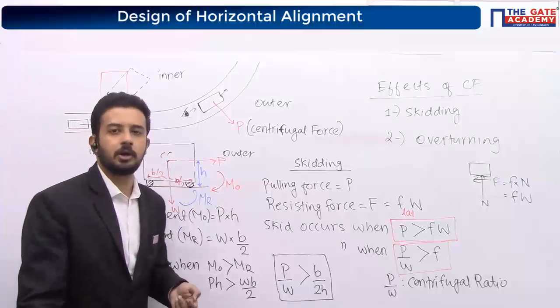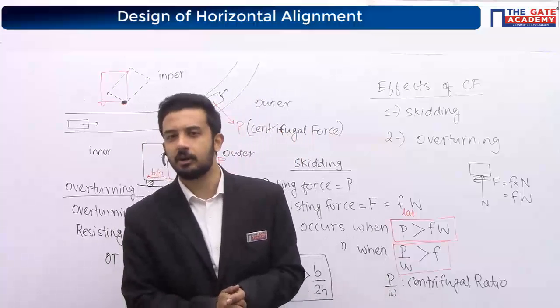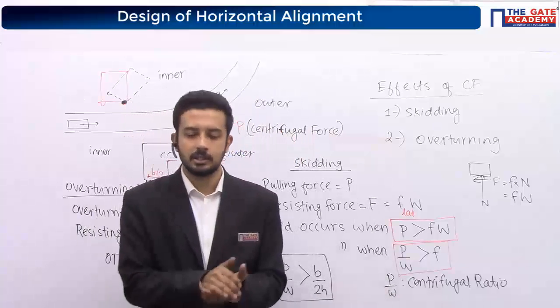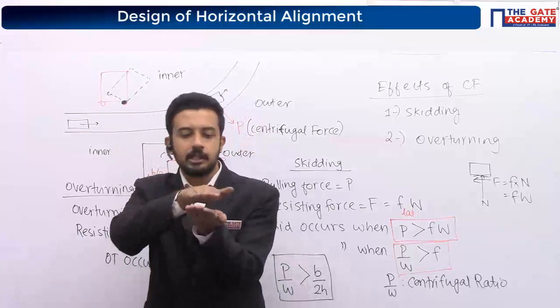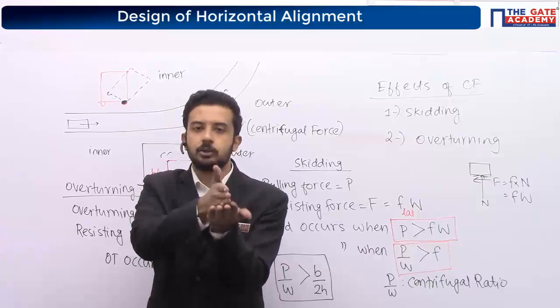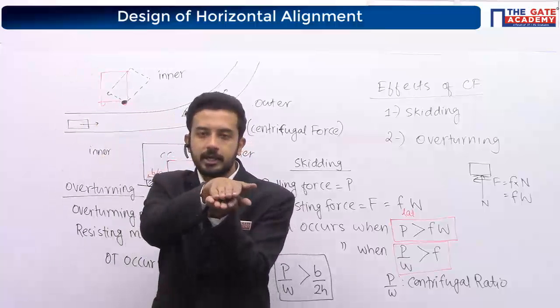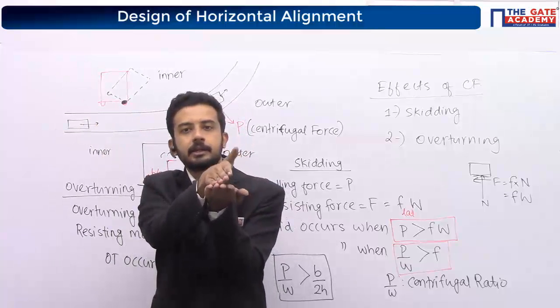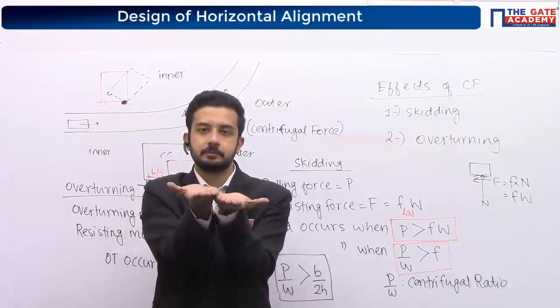Just imagine you are going on the road on a curve. You might have already experienced, na? So many trucks and all, they are overturning on curves. How are they going to overturn? They will overturn like this. The inner tire will go towards the air and the outer tire will touch the road itself. The outer tire will not go above the road. The outer tire will touch the road and the inner tire will rise and it will go like this. Finally you can see it like this. Correct now?